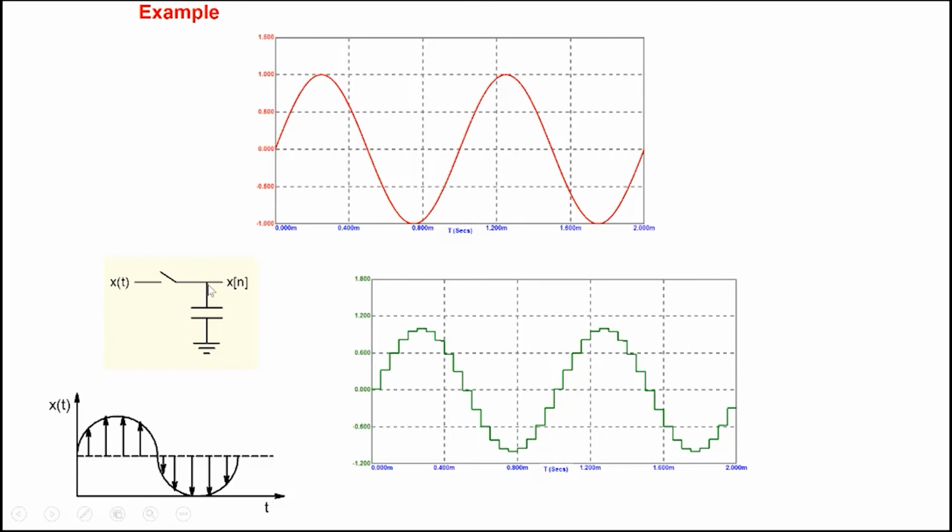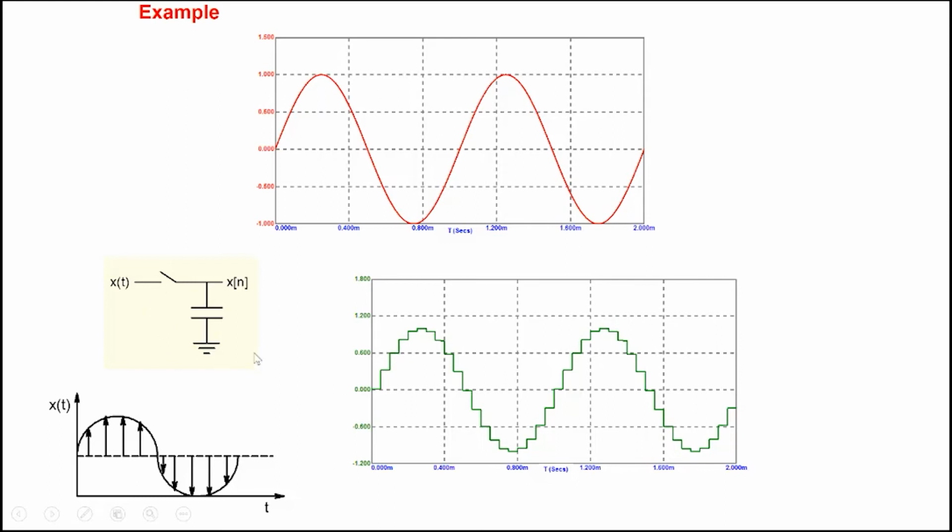The capacitor cannot discharge, so it retains that particular value. That's why it is constant till the next sampling instant. At the next sampling instant, it samples the next value and quickly charges up. The charging is so fast that we have shown it almost like a vertical line here. And then it holds the value till the next sampling interval.